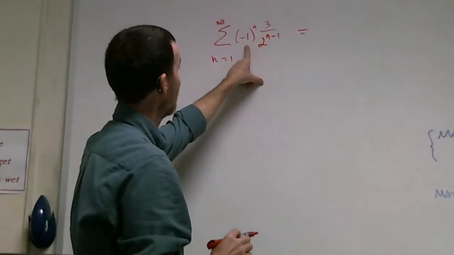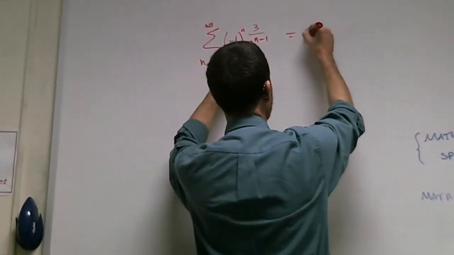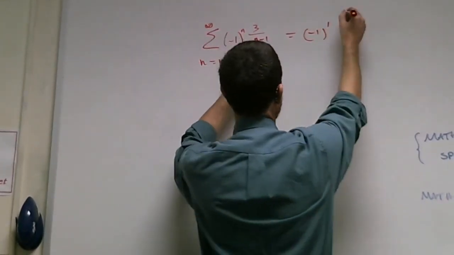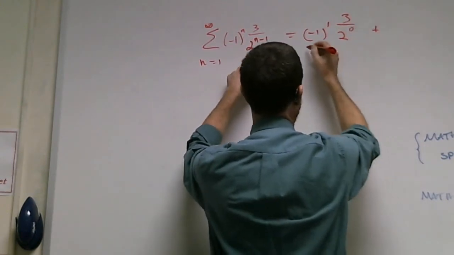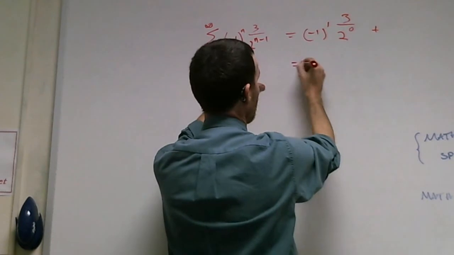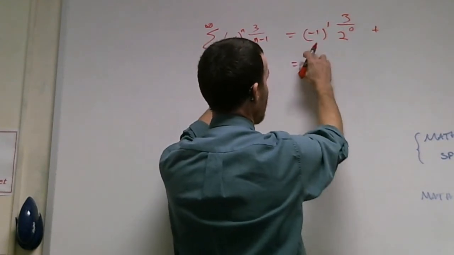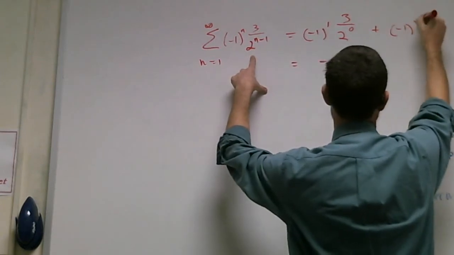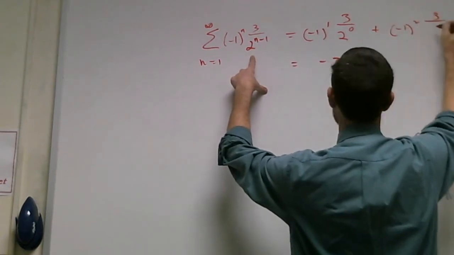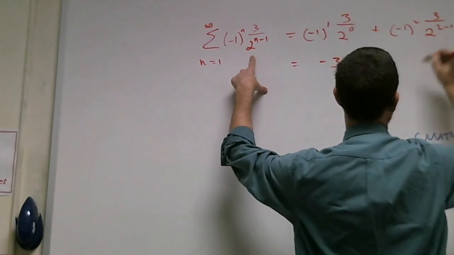Let's see, -1 to the first times 3 over 2 to the 0. That's my first term, right? Which is -3. Yes. My next term is -1 squared, 3 over 2 to the 2 minus 1.